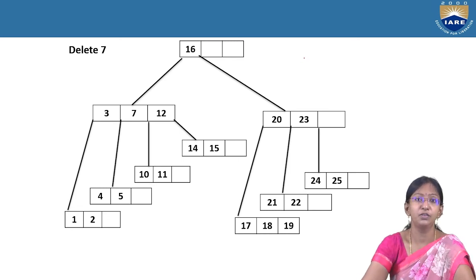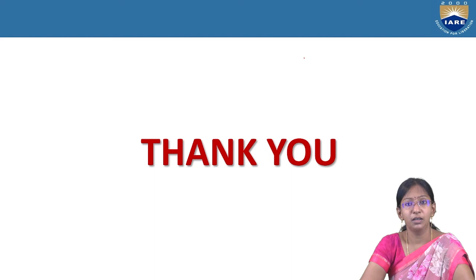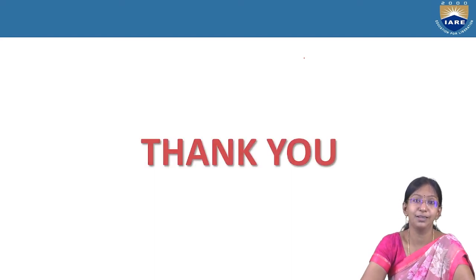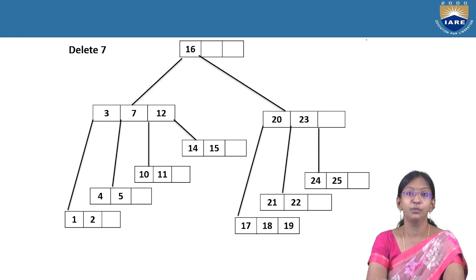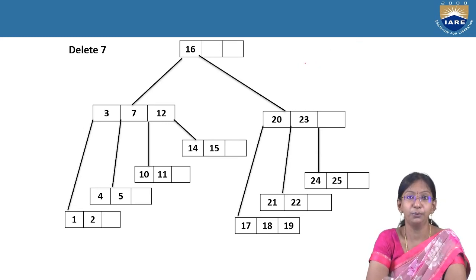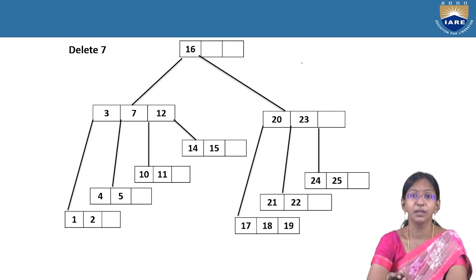I hope this session was good, and if you have any queries, please post them. Thank you. That ends how we delete the elements in a B tree. So order 4 you have seen over here, 4 children maximum it can accommodate, right?